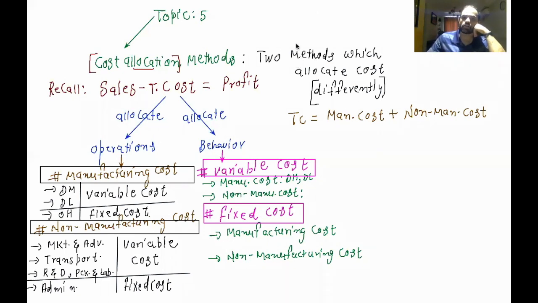And according to behavior, your total cost is variable cost plus fixed cost. All right.